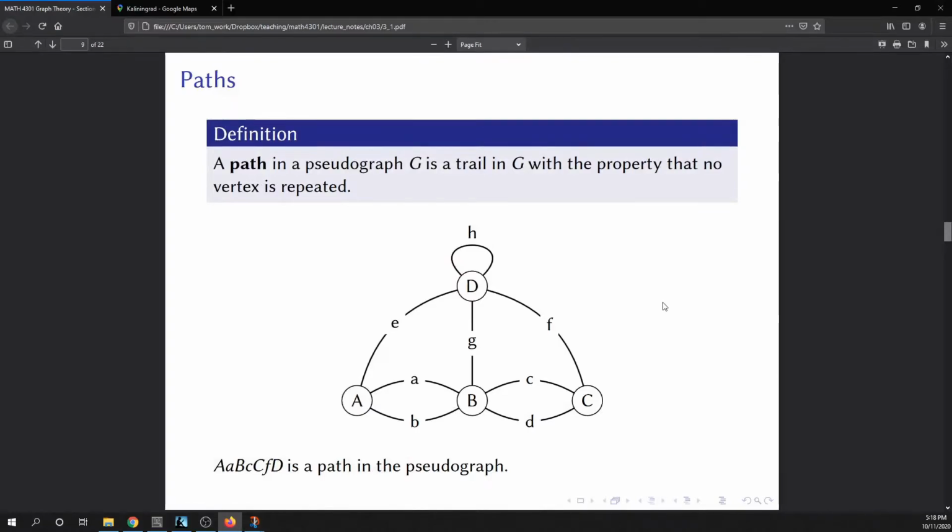All right, next up is a path. So a path in a pseudograph G is a trail with the property that no vertex is repeated. So here we cannot repeat any edges, we can't repeat any vertices.